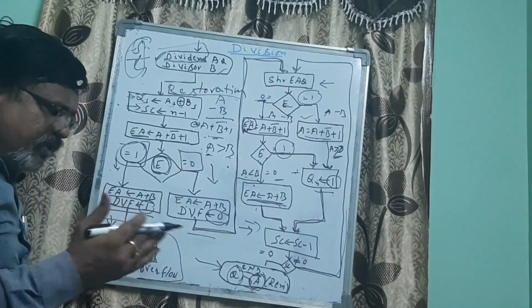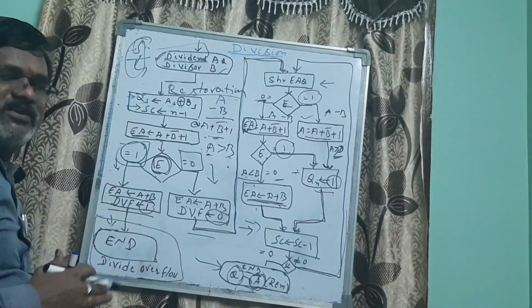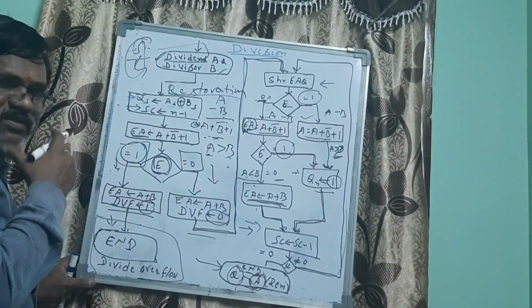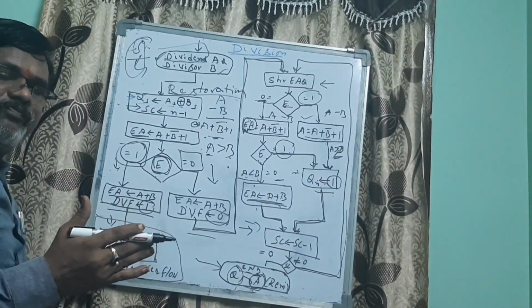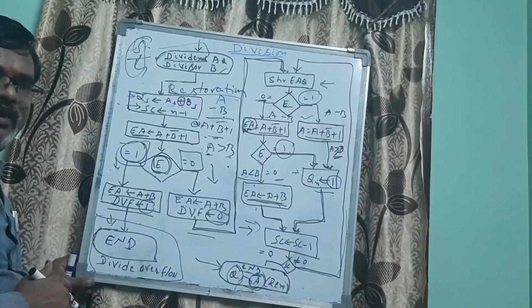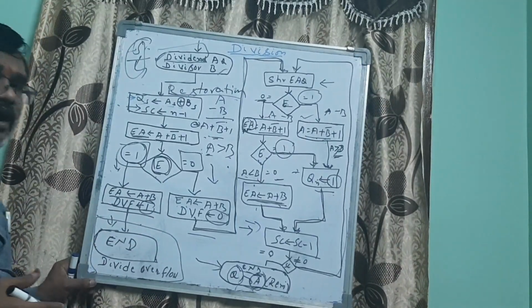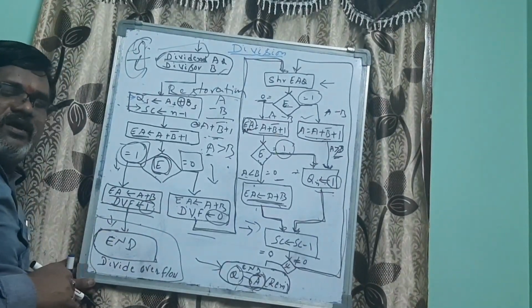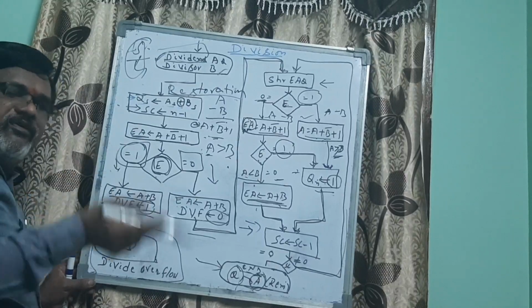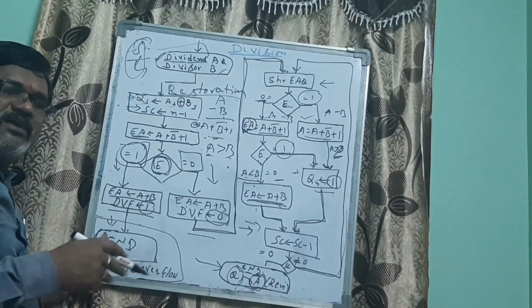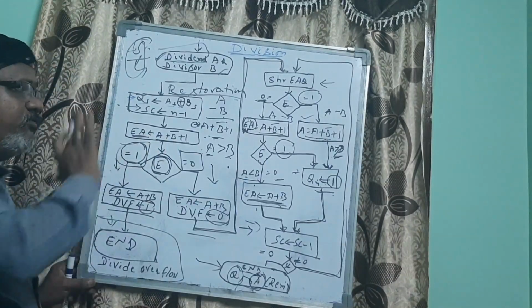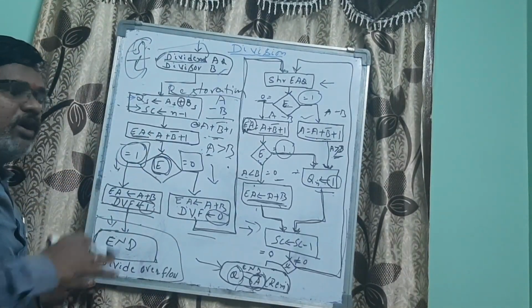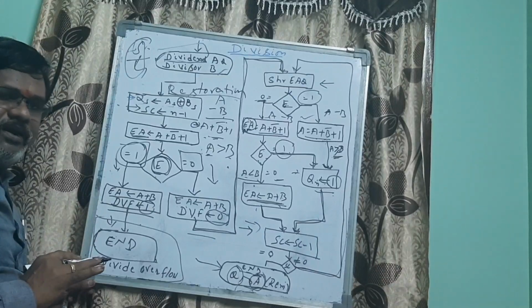Okay, so another one is simply the comparison method. What we have discussed, comparing the dividend and divisor every time. If the divisor is less than the dividend, you perform the subtraction, or else you simply discard the subtraction and write the quotient bit as 0, and the dividend is the partial remainder, whatever it is.